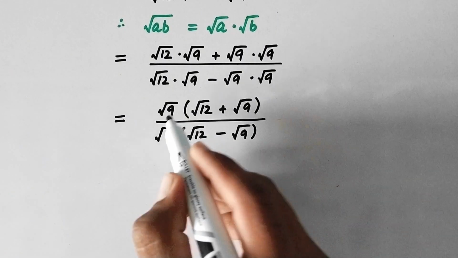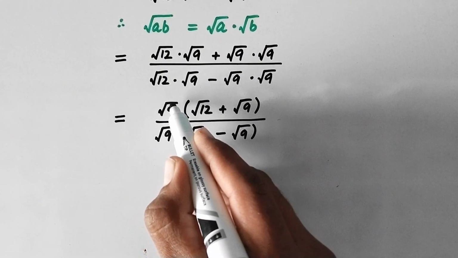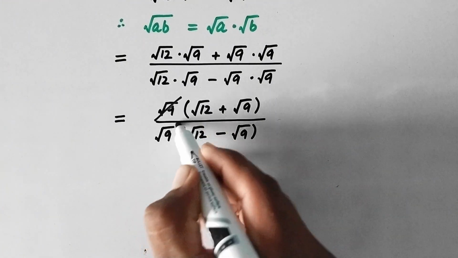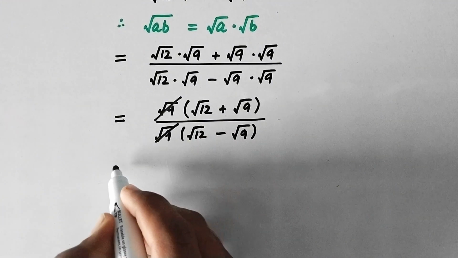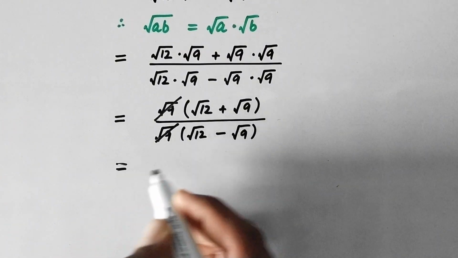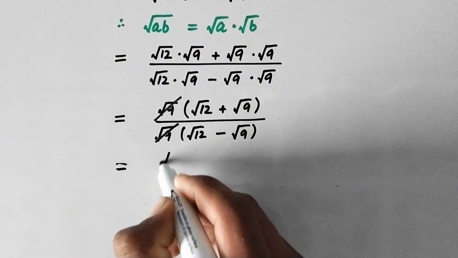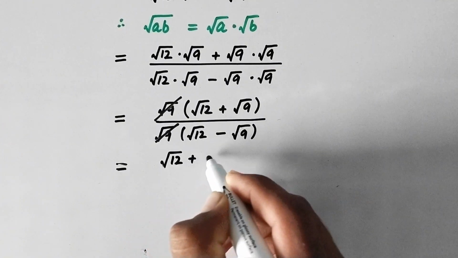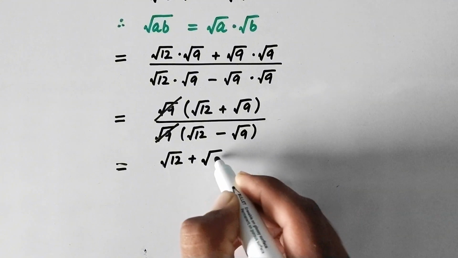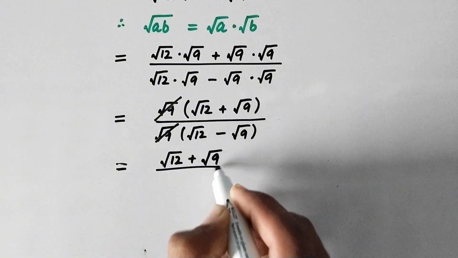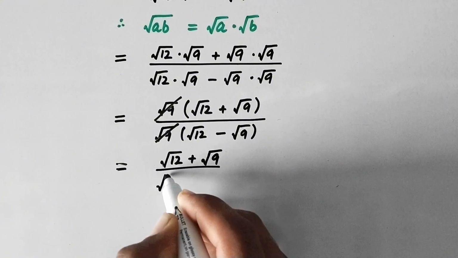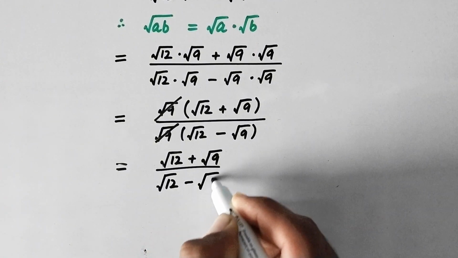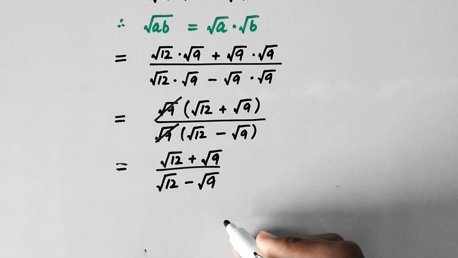So here we can see that this value square root of 9 is the same in numerator and denominator. So they will cancel out each other and we are left with square root of 12 plus square root of 9 divided by square root of 12 minus square root of 9.